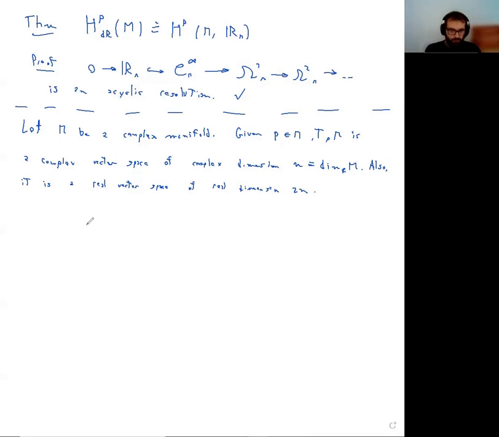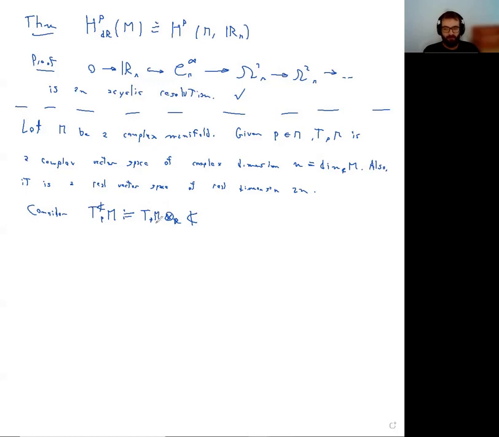Okay. So one thing we can consider is the complexification of this real vector space. Let's stop here for a second because we want to consider this. So we think of T_pM now just as some real vector space, and you tensor this with C. So this is the complexification of a real vector space.